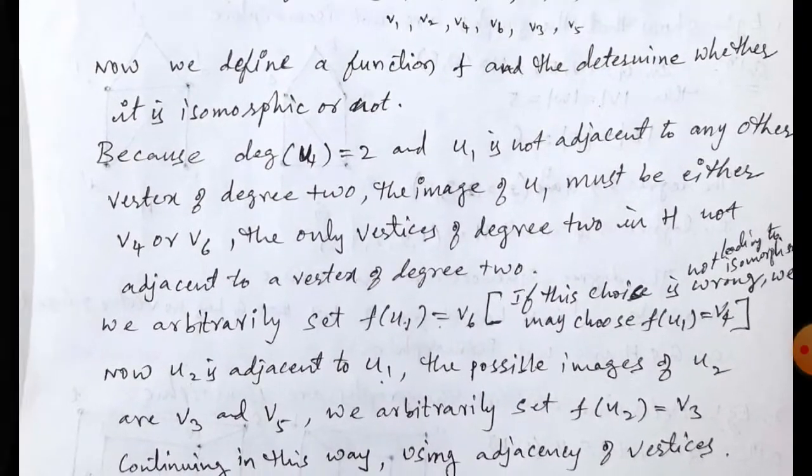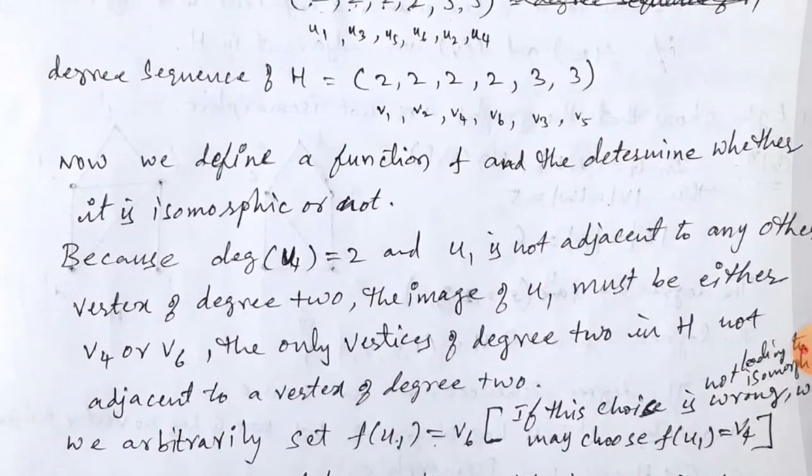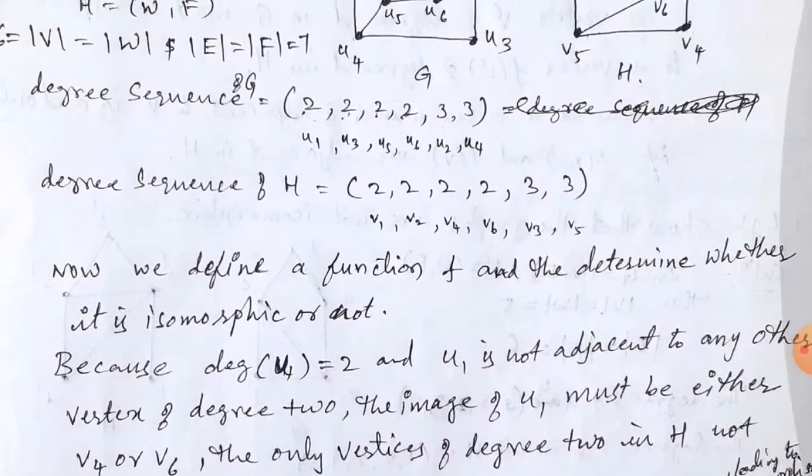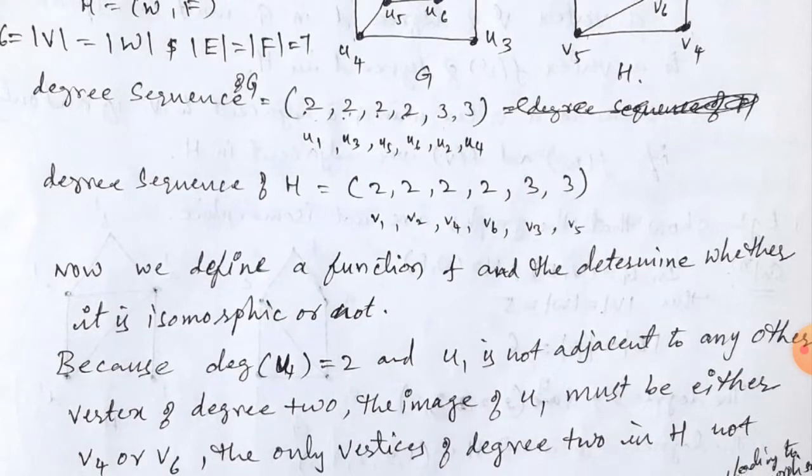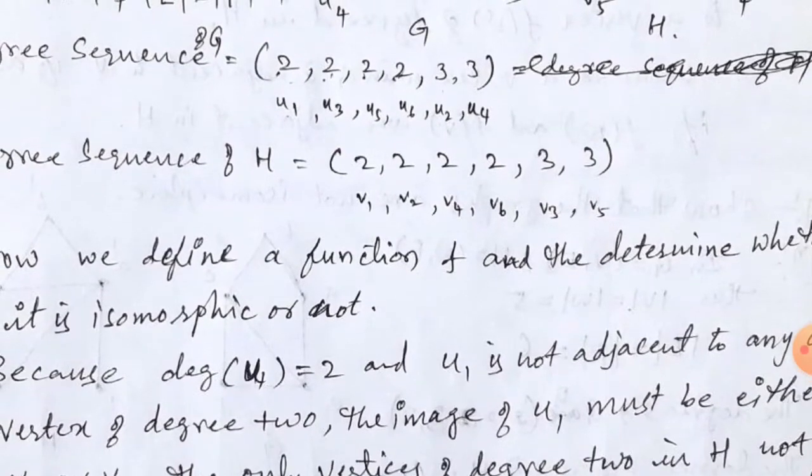That means the adjacency property. Now here, because the degree of u1 is equal to 2, observe we have written u1 with degree 2. Clearly under that we have labeled u1, u3, u5, u6, u2, u4 like that.